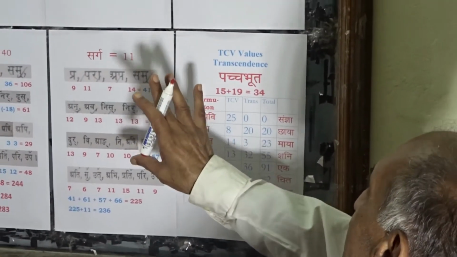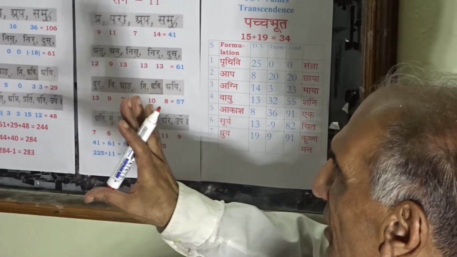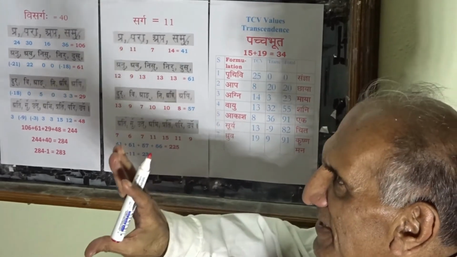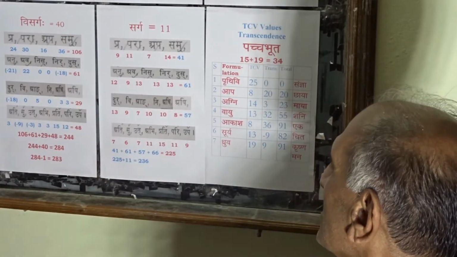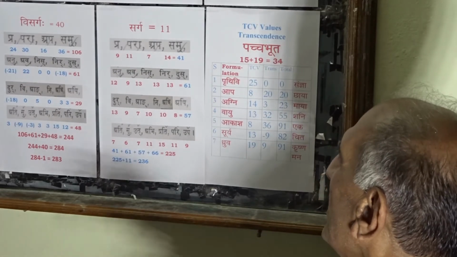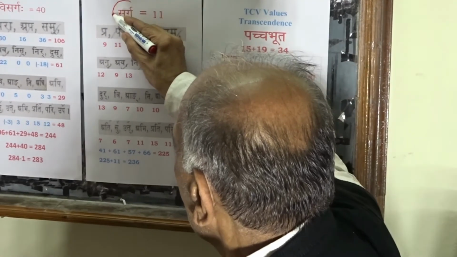The next way to reach, the third way to reach at the comparison for the mathematics of Ganita Sutras with the Vedic systems is in terms of sargas, meaning the localized creations.